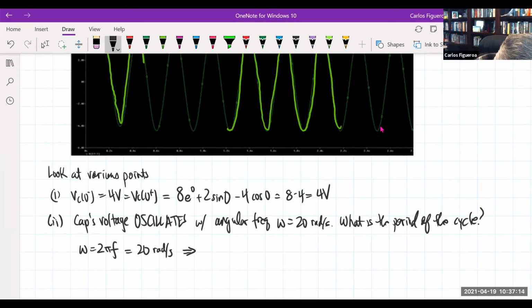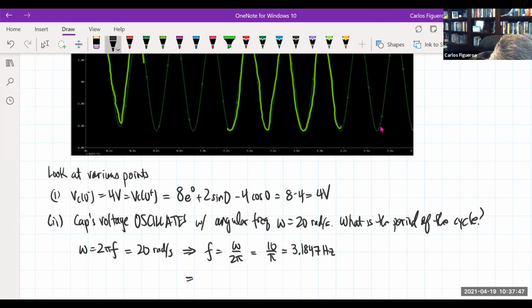So the frequency has to be omega over 2 pi. If I plug this in, that's 20 over 2 pi, so I'm going to get 10 divided by pi, which gives me 3.1847 hertz. I know there's a lot of sig figs there, but I'll reduce it right now; I wanted to be careful because PSpice gives you so many sig figs.